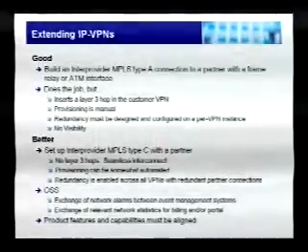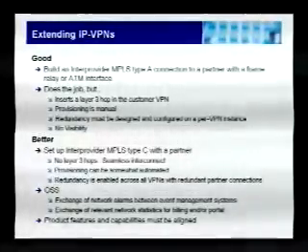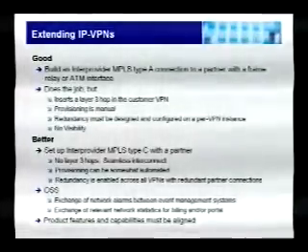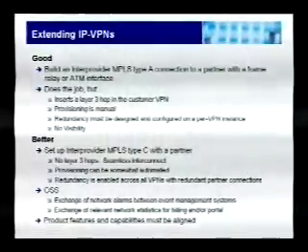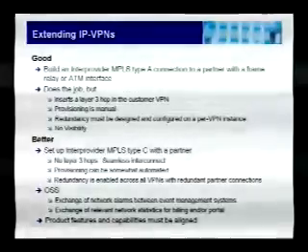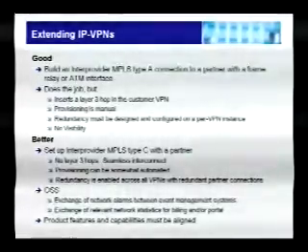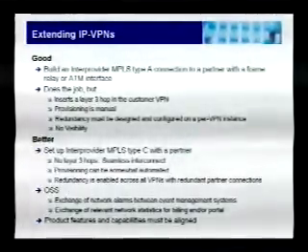It inserts a layer 3 hop in the customer VPN, which they can see, so they can tell they're going across an NNI. The provisioning is manual, so somebody has to go in and configure the customer connection specifically. Also, redundancy has to be designed and configured on a per VPN basis.